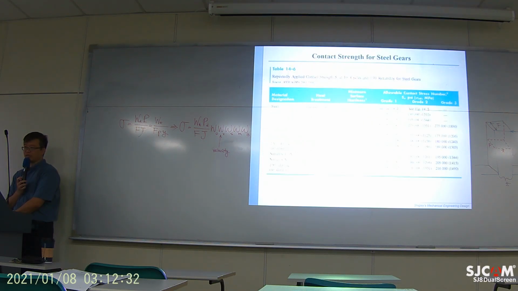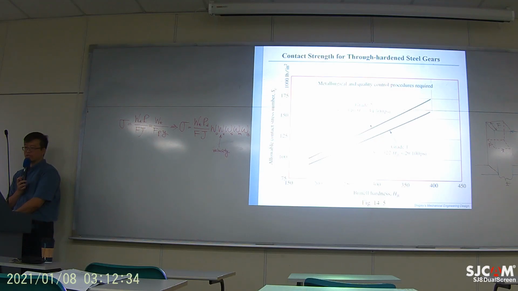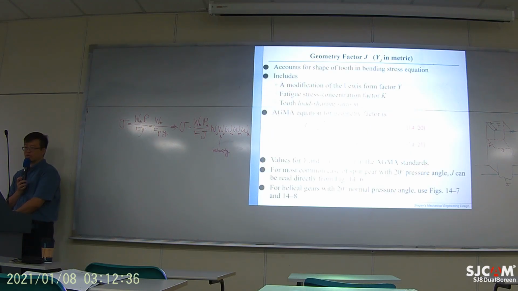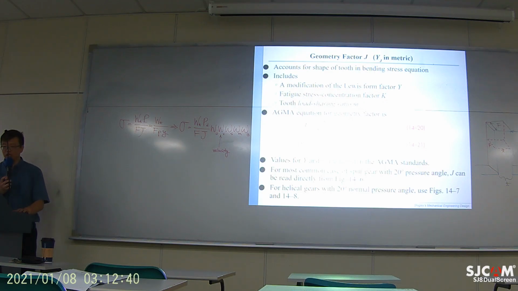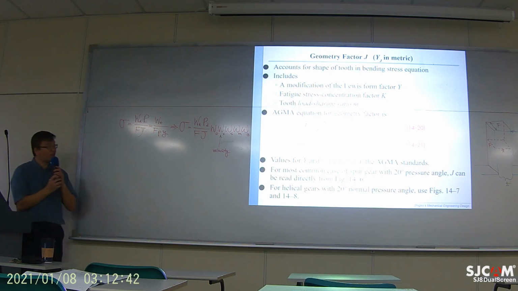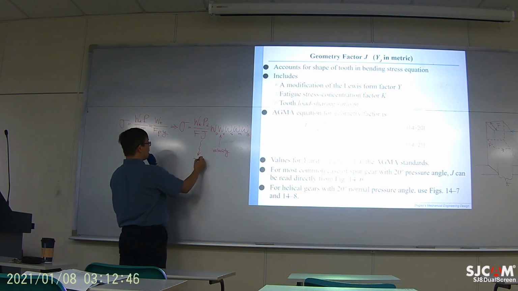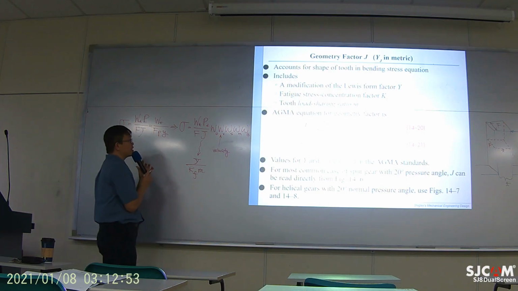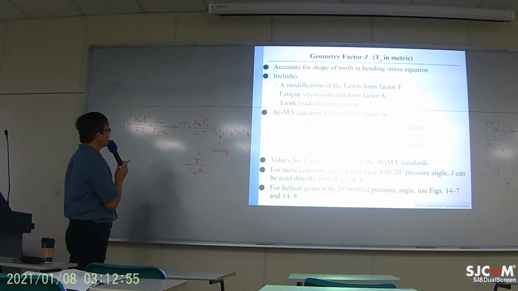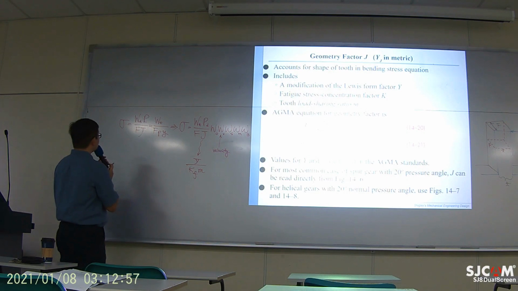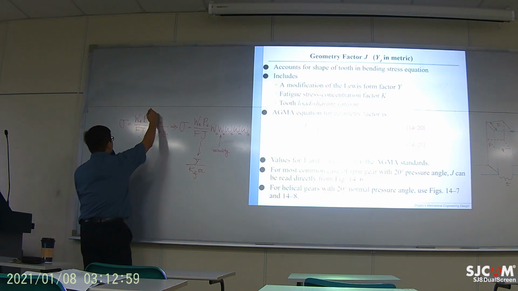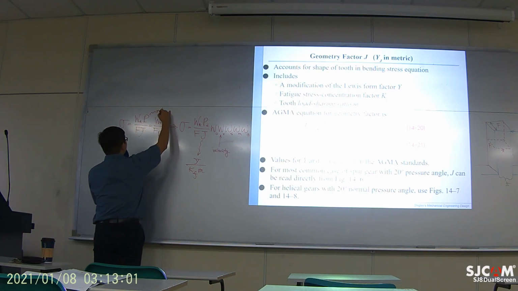Where are the Ks? Right here is telling you what J is. So J actually is Y over Kf times N. So p is actually 1 over n.